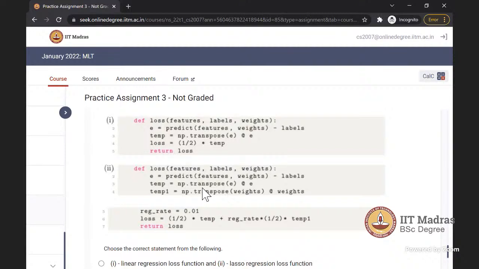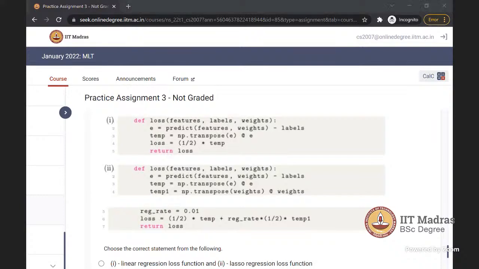The second one is lasso because we are adding the regularization rate half into temp one. Yes, we are adding the regularization rate, but my question is whether it is lasso or ridge. Second one is ridge.